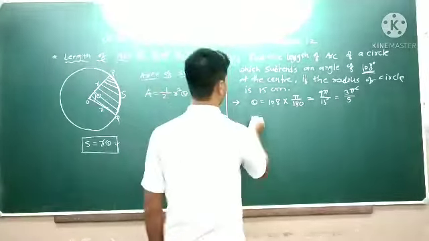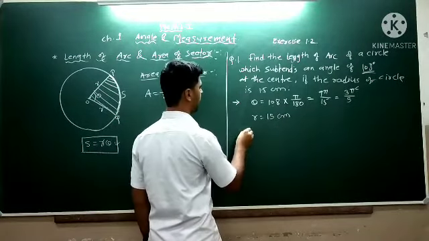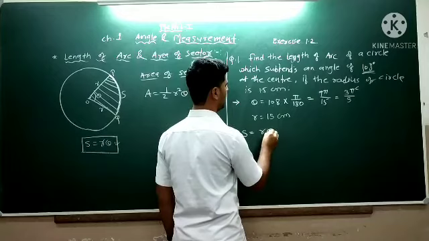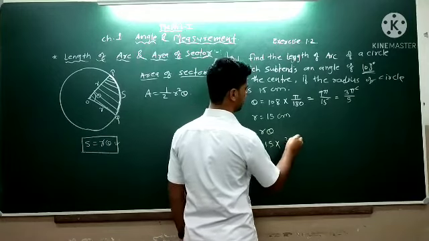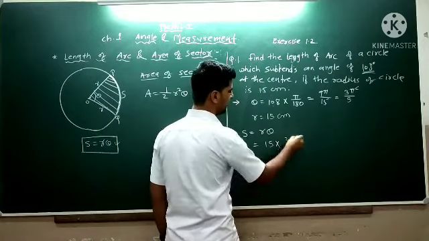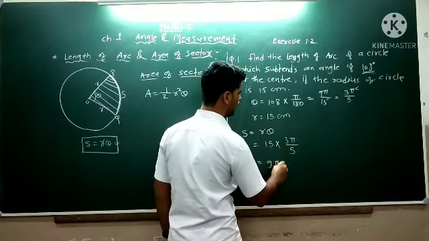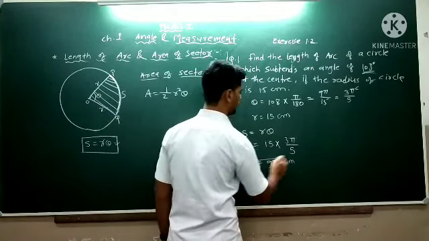Now we have radius also. Radius is 15 centimeter. So use our formula of s equal to r theta. Put that here. r is 15, theta is 3 pi by 5. 5 will divide here, you will get 3. 3 into 3 pi becomes 9 pi centimeter. This is your length of arc.